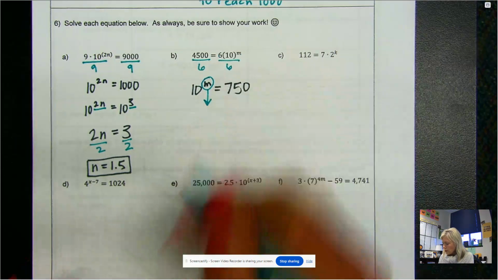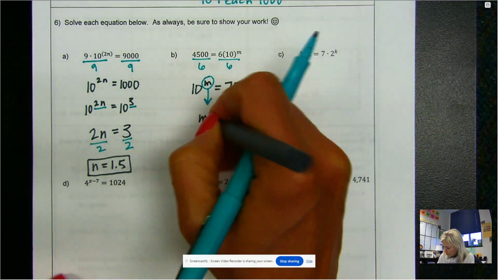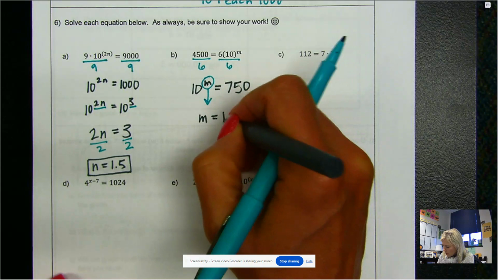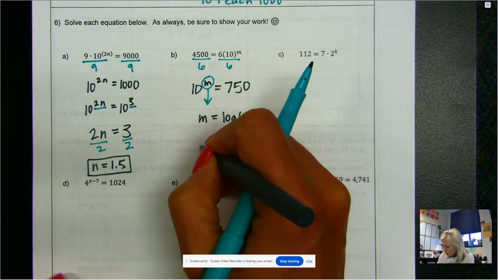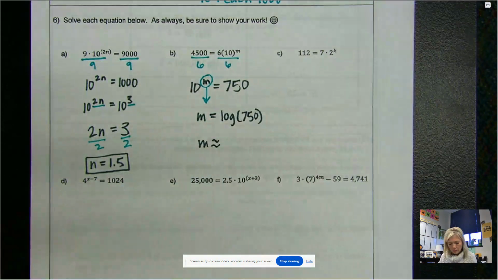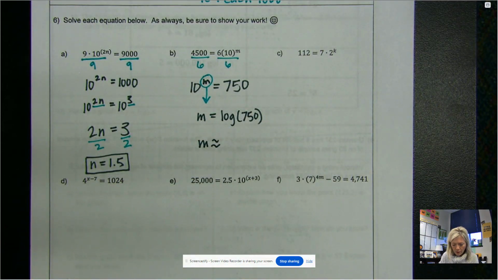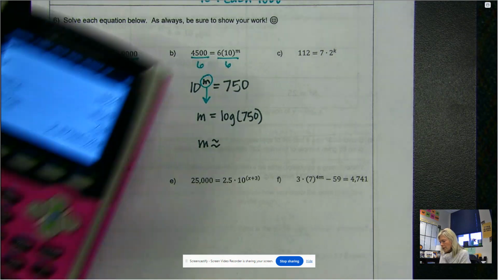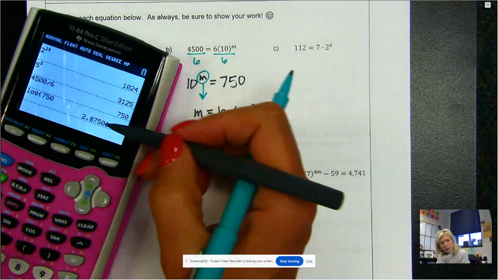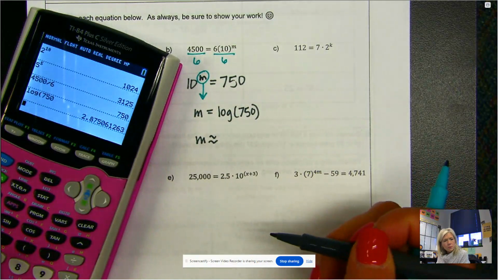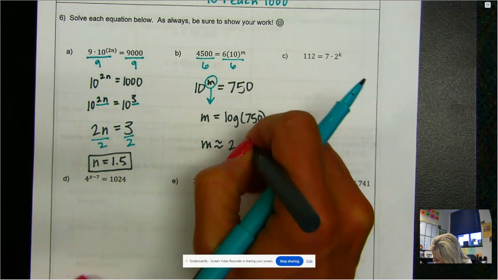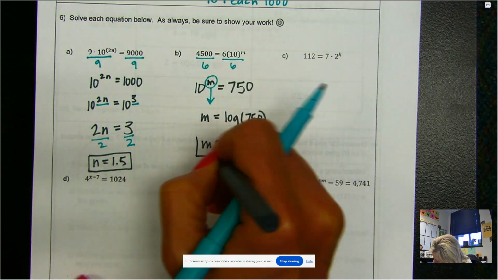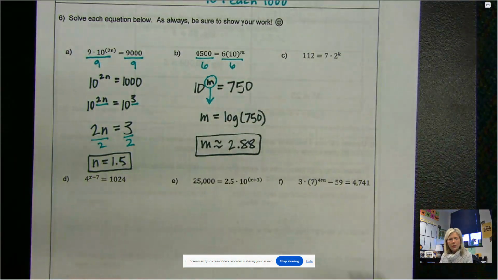Bring the exponent down. It's a base 10, so I can just write the log of 750. And then I can find it on my calculator. Log of 750 is 2.875. So I'm going to round that to 2.88. Again, it doesn't say what to round to, so I'm just going to choose to round it to 2 places.